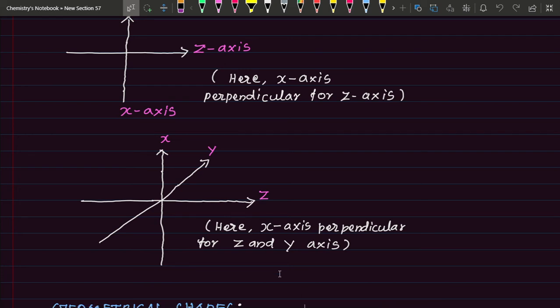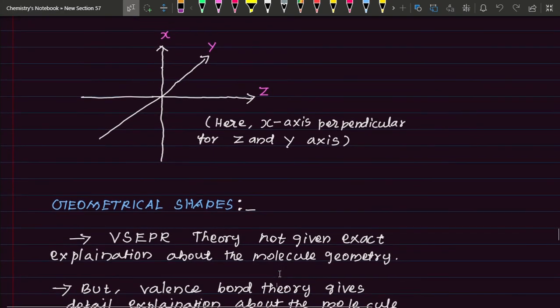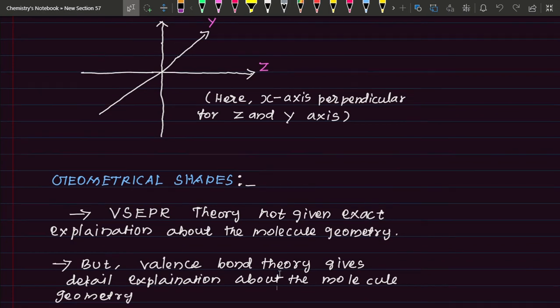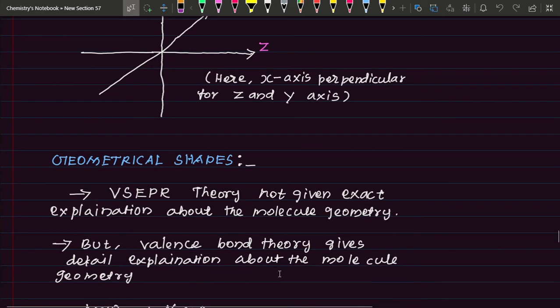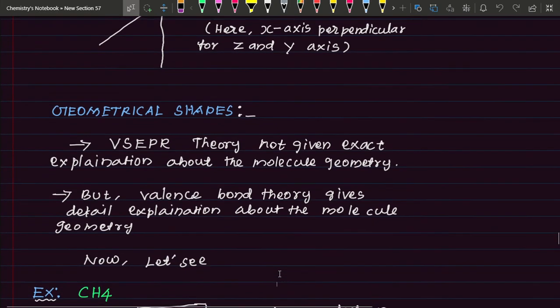Next, geometrical shapes. VSEPR theory does not give an exact explanation about the molecule geometry, but valence bond theory gives a detailed explanation about the molecule geometry. Now let's see.